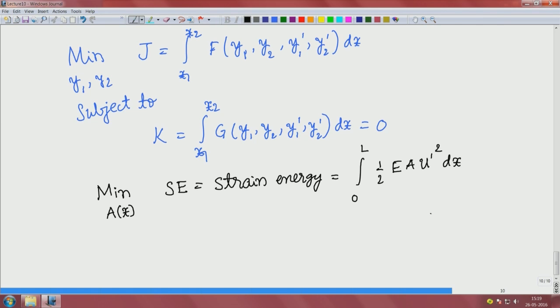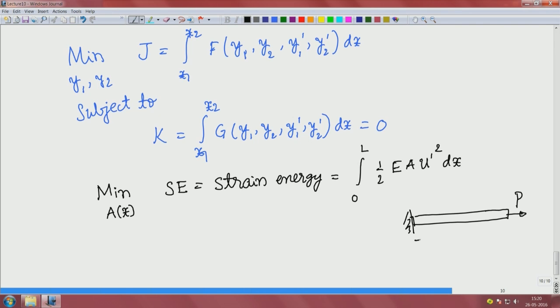So, what we are considering here is a bar, normally constant cross section bar. Let us say if it is fixed here and a force is applied, a P, you know how to calculate its deflection.